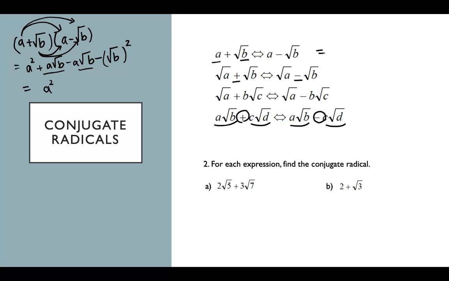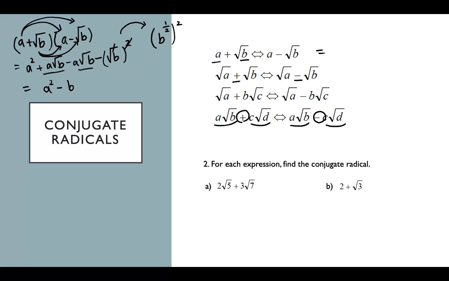So you get a squared minus b, because square root b is b to the 1 over 2 in exponent form, so 1 over 2 times 2 is 1. So it's a squared minus b.